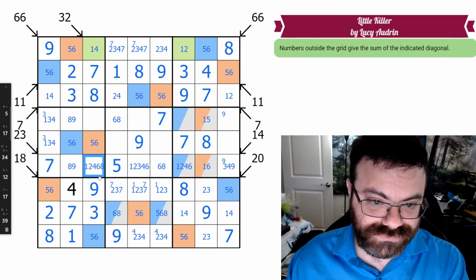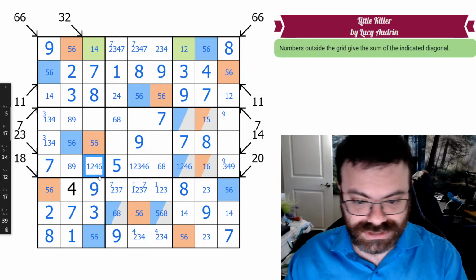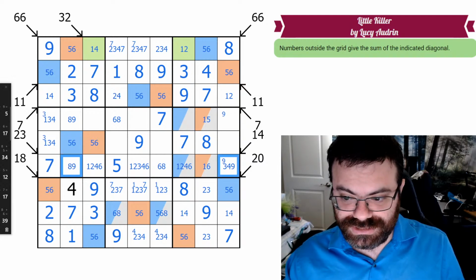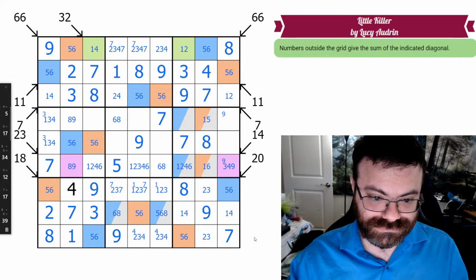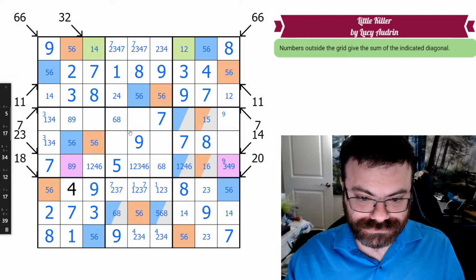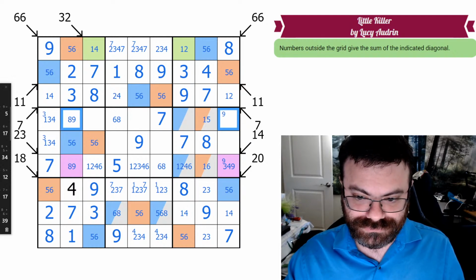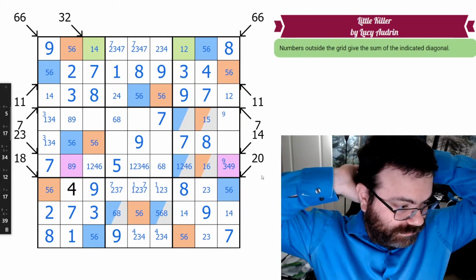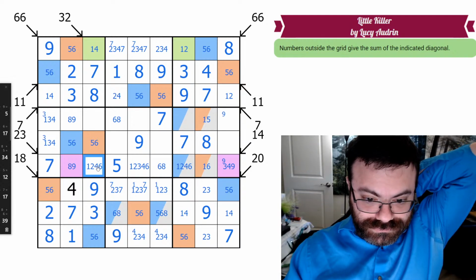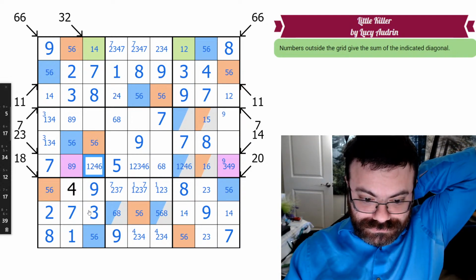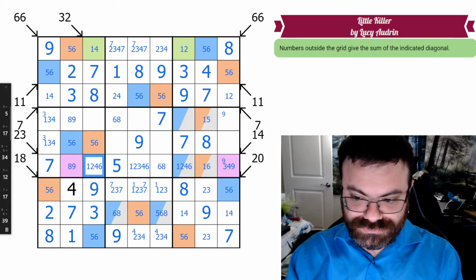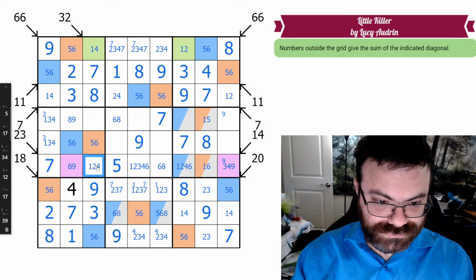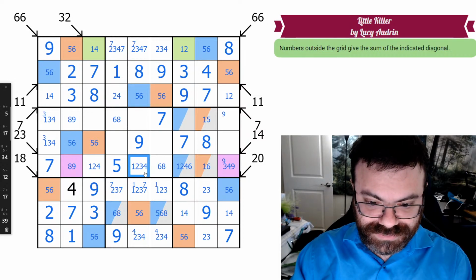Or 3, 1, 2, 4, 6, 8. Can't be 8. 1, 2, 4, 6. Suppose it means 9's limited to these 2. Oh, we have a 5, 6 pair here. 5, 6 pair here.